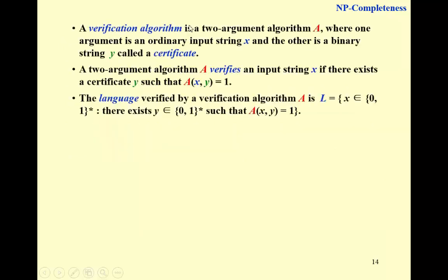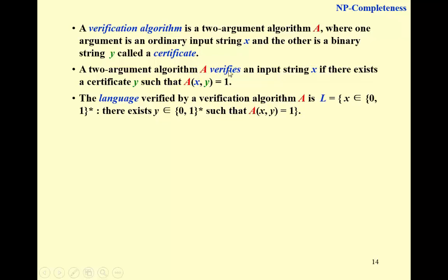I know this looks a bit complicated, but bear with me for the moment. We say a verification algorithm is a two-argument algorithm A where one argument is an ordinary input string X and the other one is a binary string Y called a certificate.